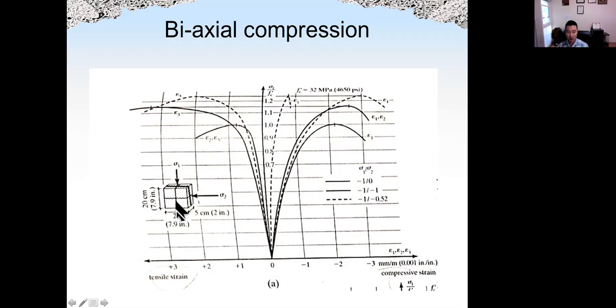Okay. So what we can see from here is, okay, under higher compression in the horizontal direction for sigma 2, the peak stress will increase.